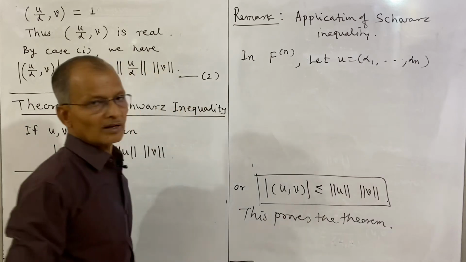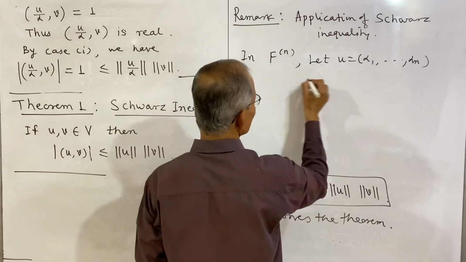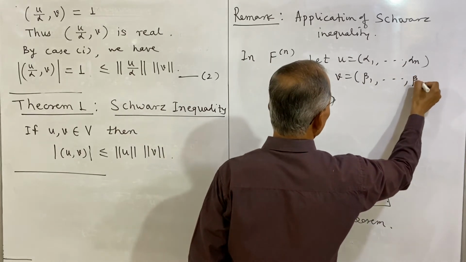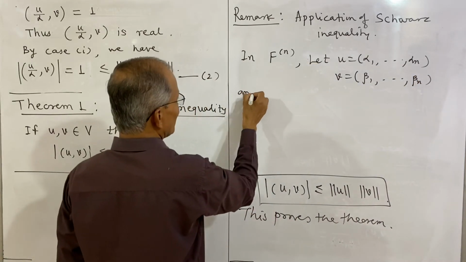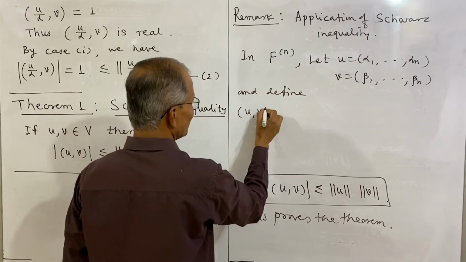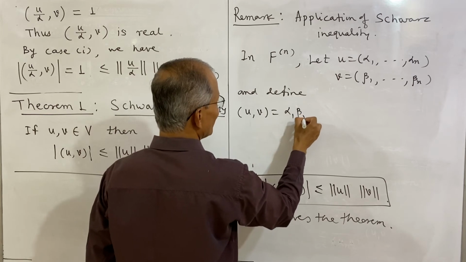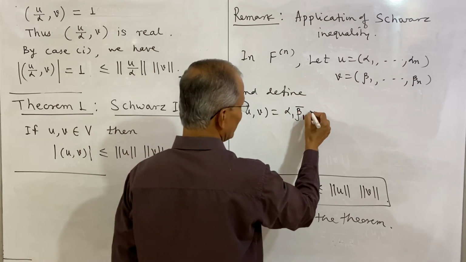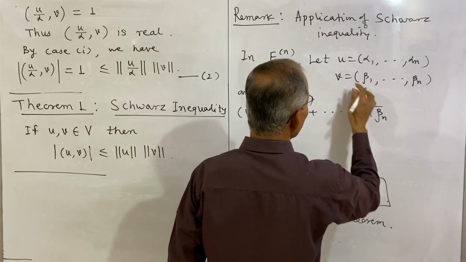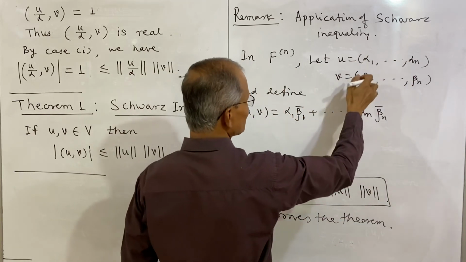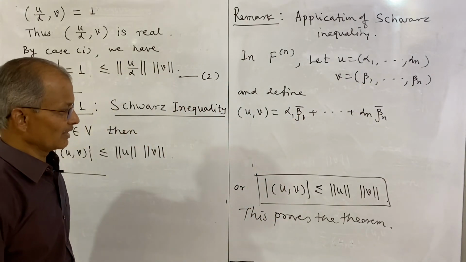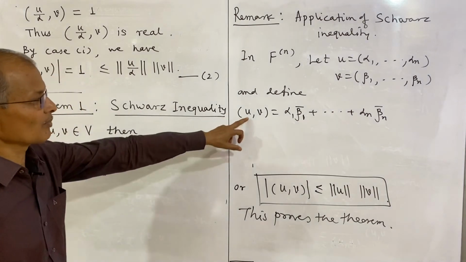Let u be the n-tuple alpha 1 etc., v be beta 1 etc. beta n, and define the inner product of u with v as alpha 1 conjugate of beta 1 plus so on, alpha n conjugate of beta n. That means first these components are taken as they are, and the conjugate is taken, and they are multiplied. So, this is the inner product of u and v.